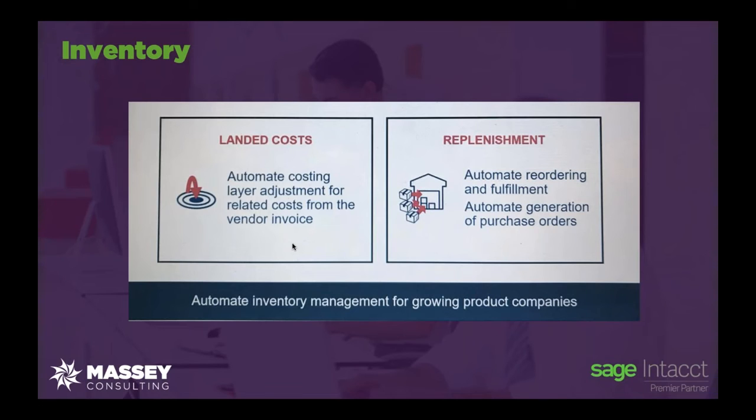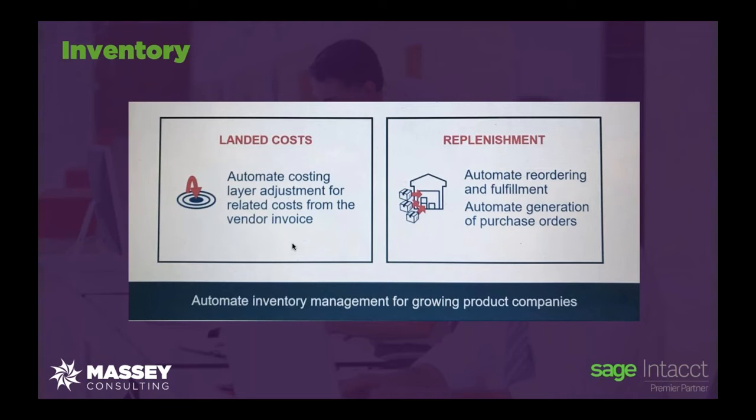Replenishment, automated reordering and fulfillment with automated generation of POs. So Sage Intacct now has a process inside the inventory module where you can set reorder amounts, quantities, lead times, all those things, and you can go in and have the system sort of do calculations for when you're going to reach those order points and what things you need to order.